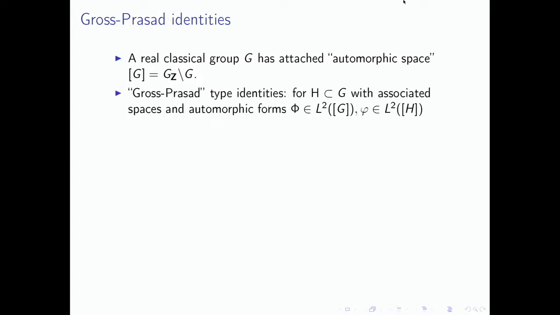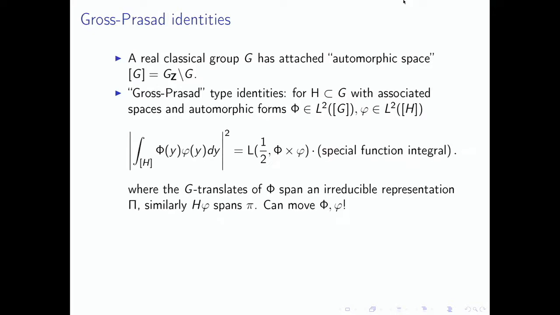Now, as I said, we're going to try to deduce things about L functions by representing them as integrals of automorphic forms. There's a family of identities that are extremely nice in that respect. For certain pairs of groups, H inside G, H a subgroup of G, both classical groups, you take an automorphic form capital Phi on the big group, little phi on the small group, and there is conjectured, and sometimes proven, to be an identity of the following form.